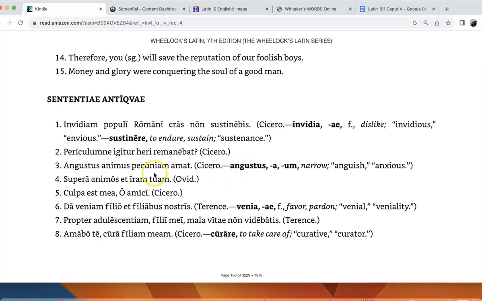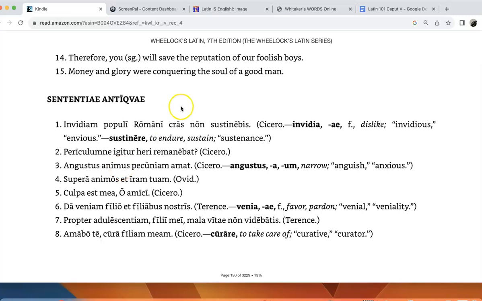Of course, in our own tradition, writers like Emerson and Thoreau argue about the rise of modern materialism and how it affects American individualism. All right, number 4, quatuor, supere animos et iram tuam by Ovid, the great Latin poet and writer.